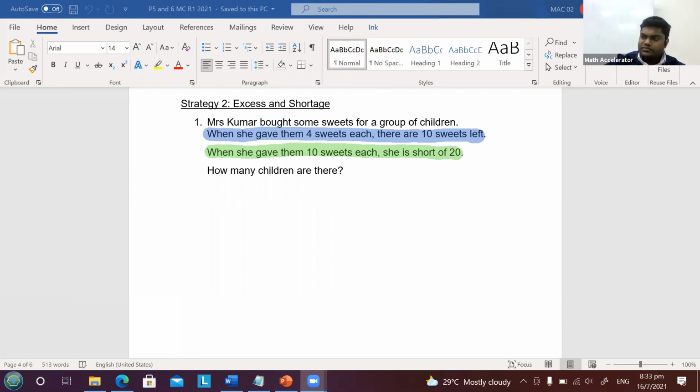Okay, most of you got it right. In fact, everyone got it right. This is the one that talks about the excess. So whenever you see this kind of question, identify the sentence that talks about excess. Why do I emphasize this? Because the excess sentence tells you about the total number of sweets Mrs. Kumar has.